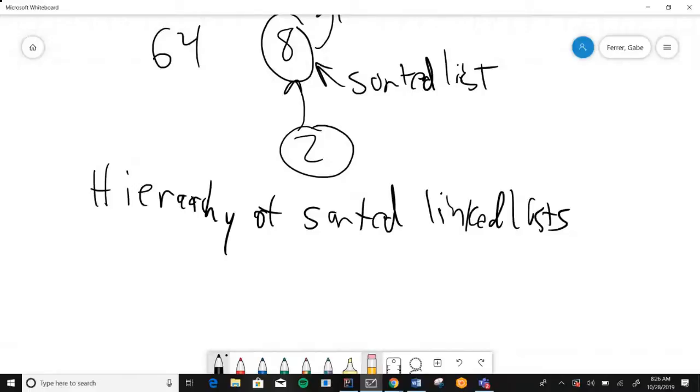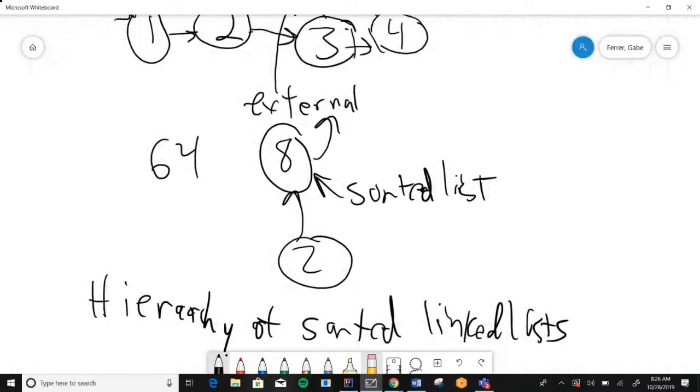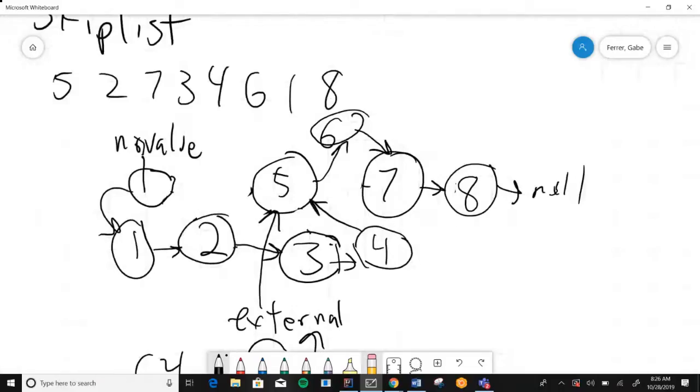So in this hierarchy then, at each level, we have this bottom level, and that bottom level has everything. At each level above, we have randomly picked some nodes from the level below to be represented at that level up. So we're going to build our list again using these same numbers, but we're going to think about it in terms of this idea of a skip list.